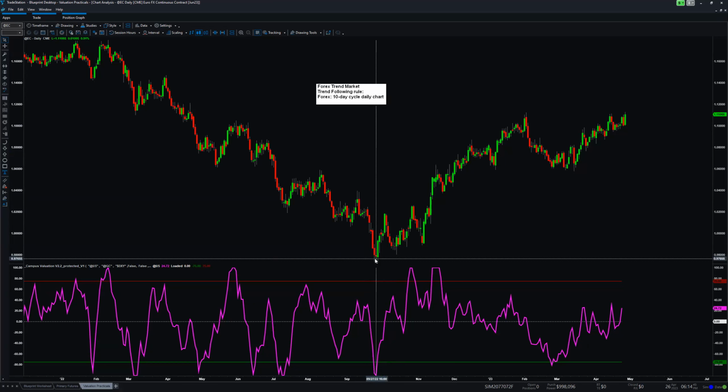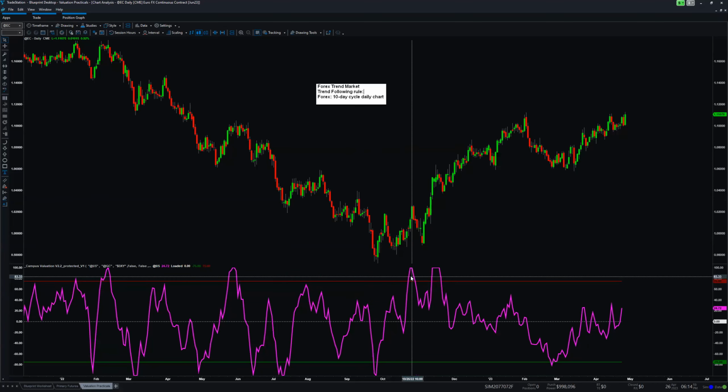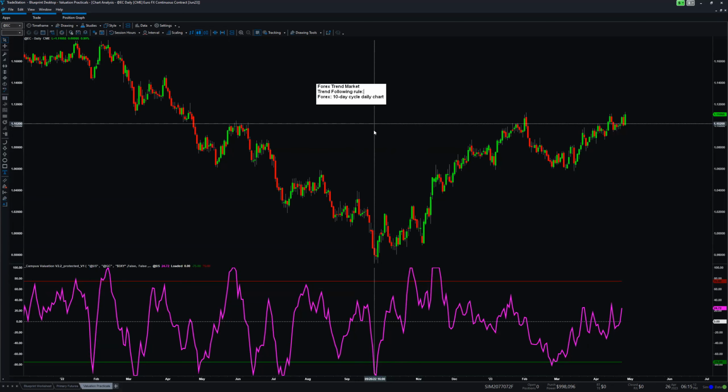This indicator does not do very well when we apply it against the context of trend, and if we use it to predict the end of the band, even on higher time frame cycles, on weekly cycles, that doesn't have good enough consistency for us to really use it. And I'll just showcase that on the euro and maybe on other charts as well.